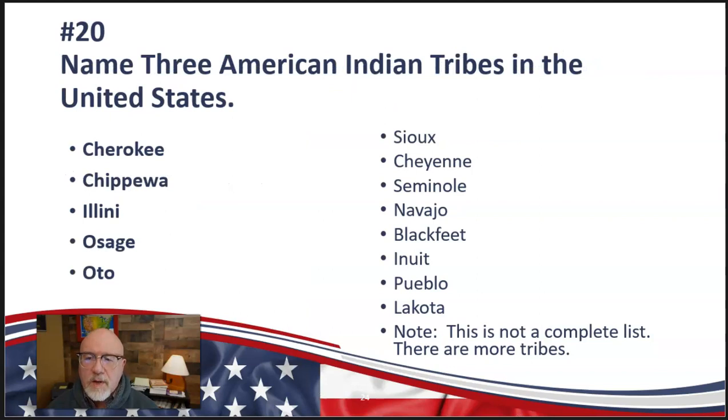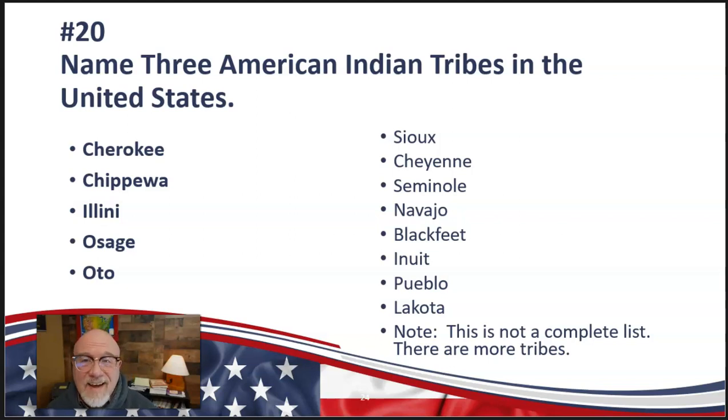And question 20, name 3 American Indian tribes in the United States. And here's a rather long list, but it's not even the whole list. The Cherokee, Chippewa, Illini, Osage, Oto, Sioux, Cheyenne, Seminole, Navajo, Blackfeet, Inuit, Pueblo, Lakota.